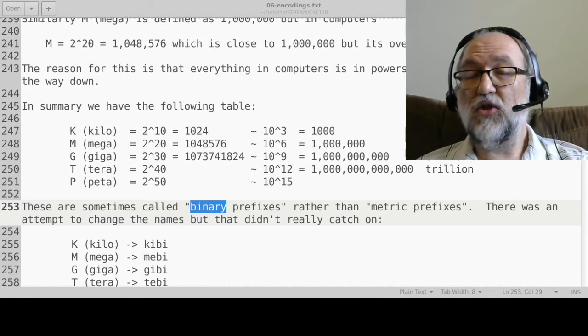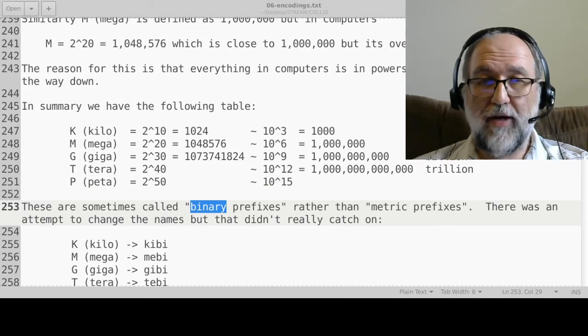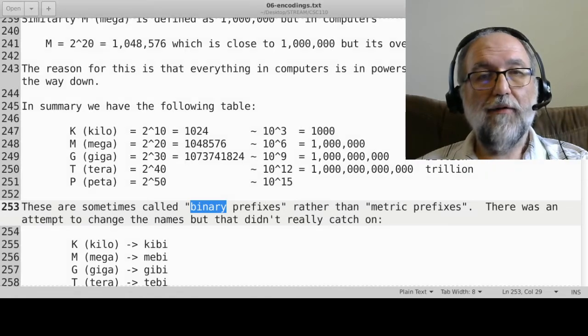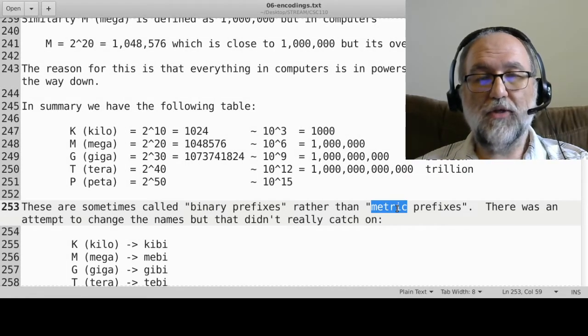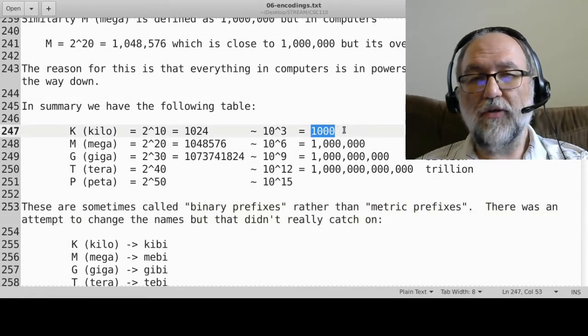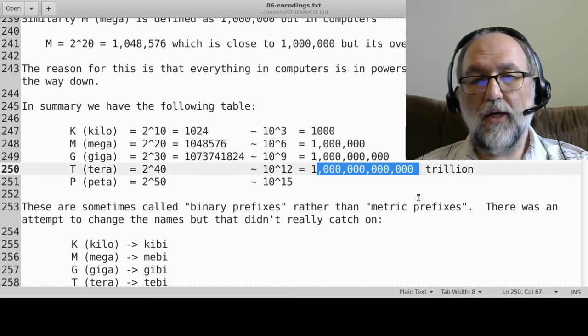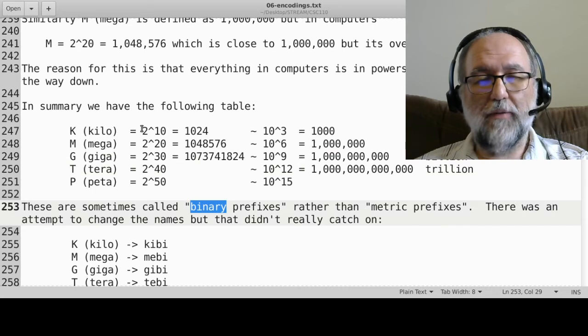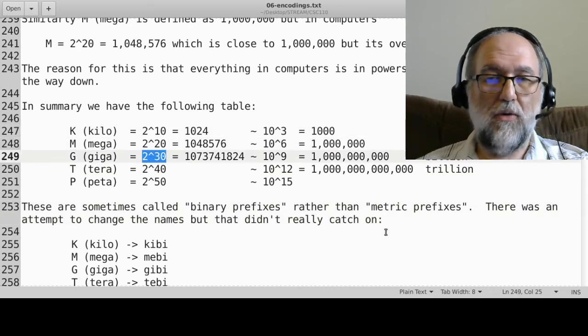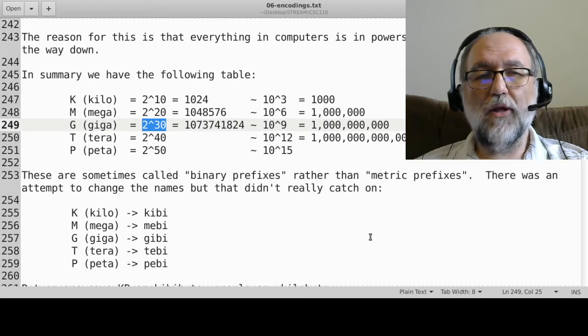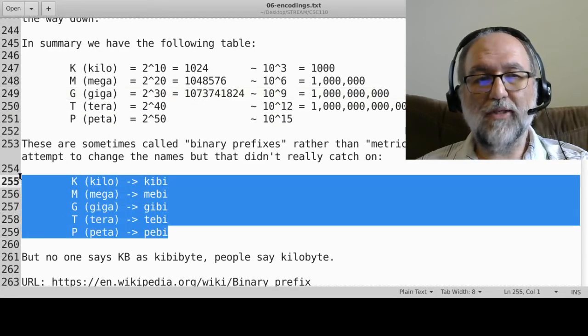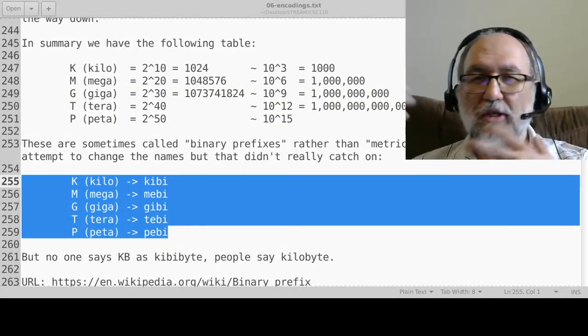Sometimes these are called binary prefixes to distinguish them from metric prefixes. The metric prefixes are the 1,000, million, billion, trillion, and so on, and the binary prefixes are 2 to the 10, 2 to the 20, 2 to the 30, and so on. People even tried to change the names to distinguish the two.